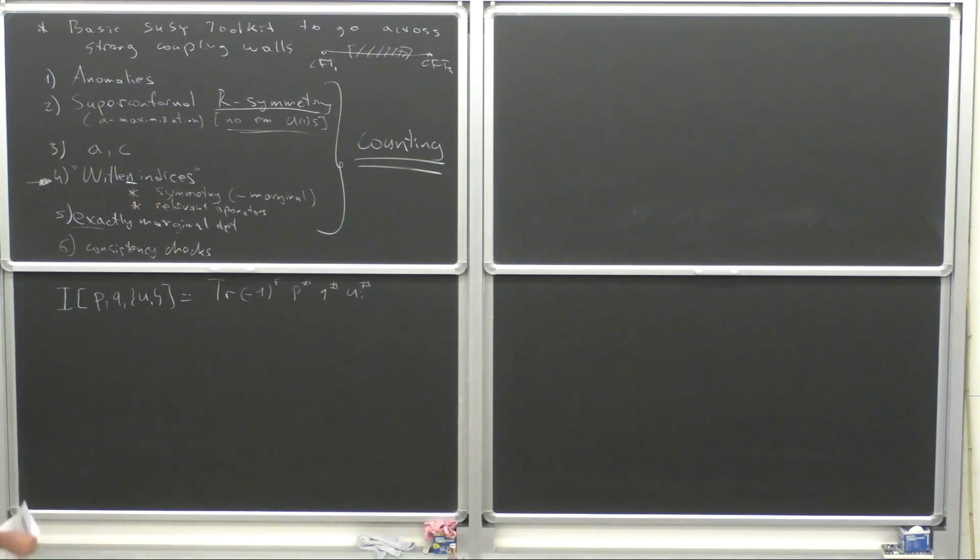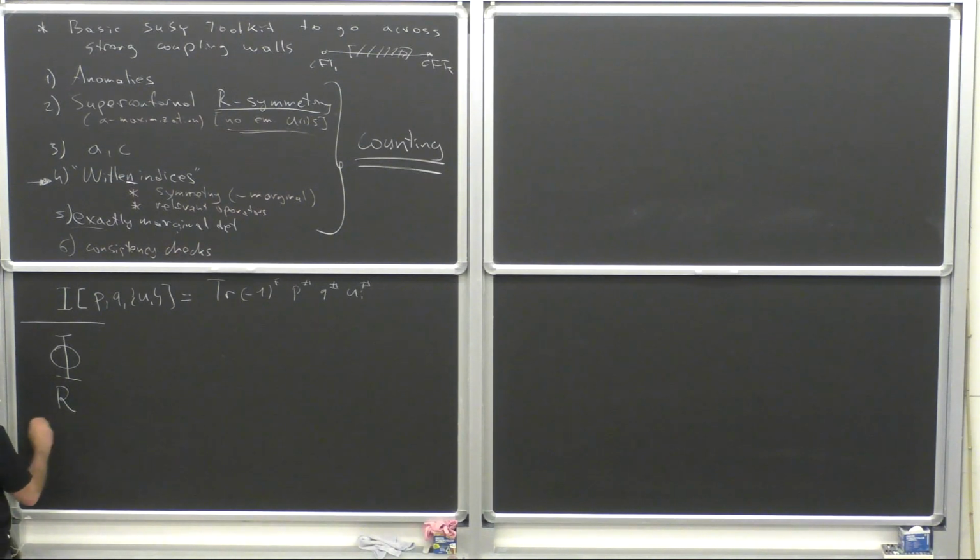So how do you compute this index? You can consider the simplest theory possible, for example, a theory of a single chiral superfield. Let us assume that we assign this chiral superfield some general R charge r, and it is charged under some U(1) symmetry with charge +1.